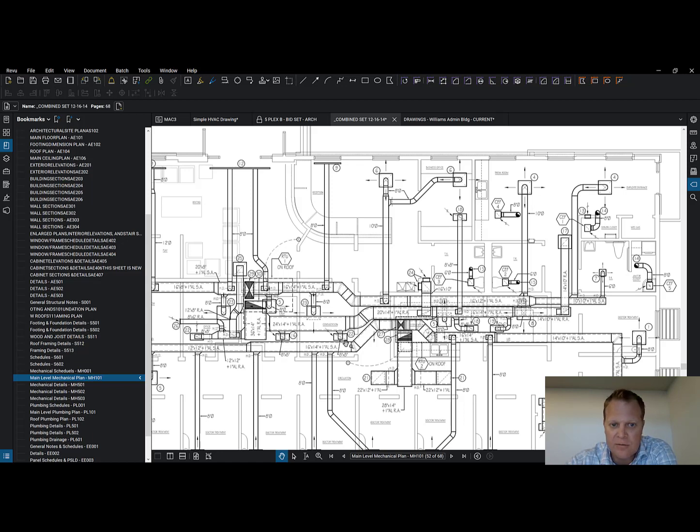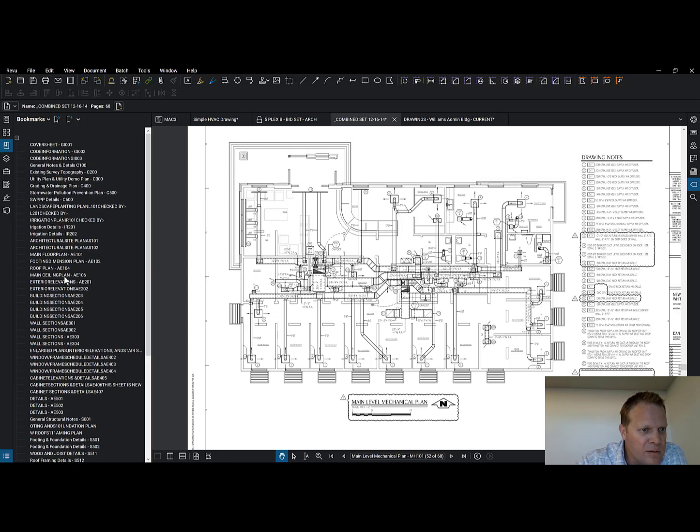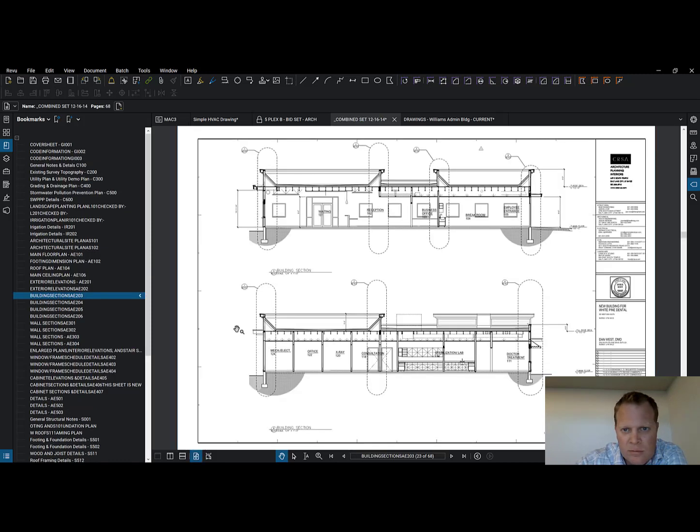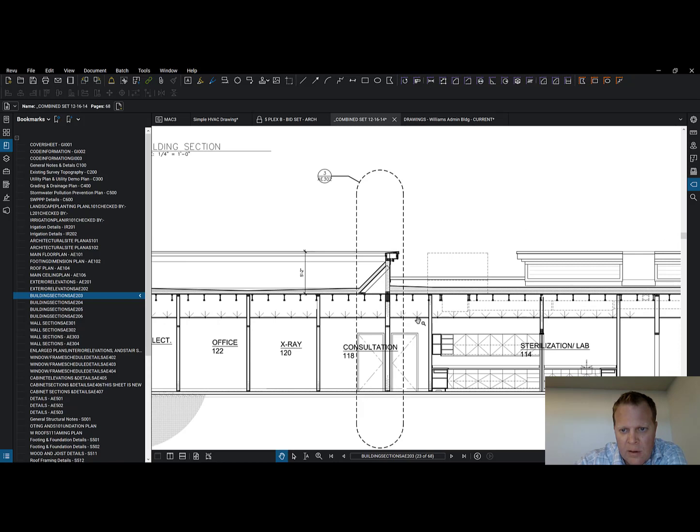Actually, I think I do know, because somewhere in here there's going to be a fire rated wall that's going to go up to the roof. Should we see if I'm right? So we're looking for, let's see. Somewhere in there we got something going all the way up.